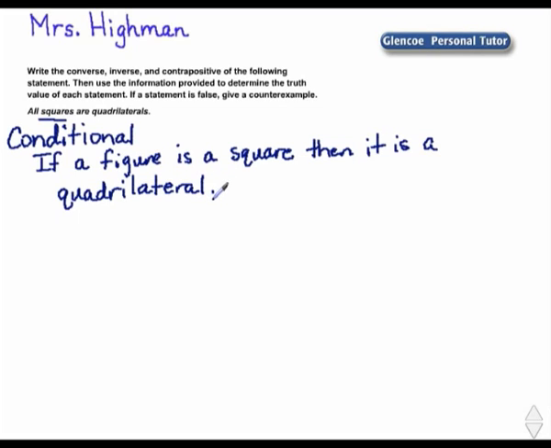And that statement is true because a quadrilateral has four sides. So if we have a square, it has four sides. So this statement is true.